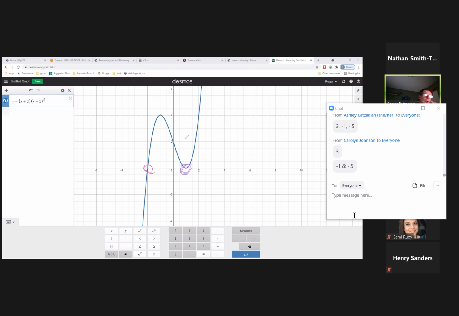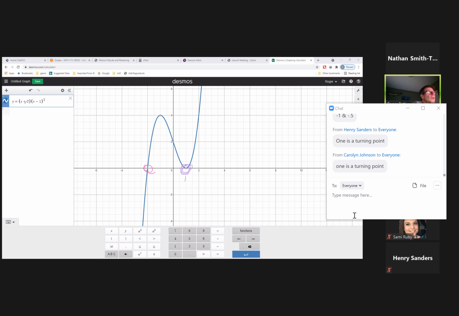Okay? I know that they're different numbers, but graphically, how are they different? You're right. One is a turning point. Very good. One is a turning point. This one's not. This one here is at 1.